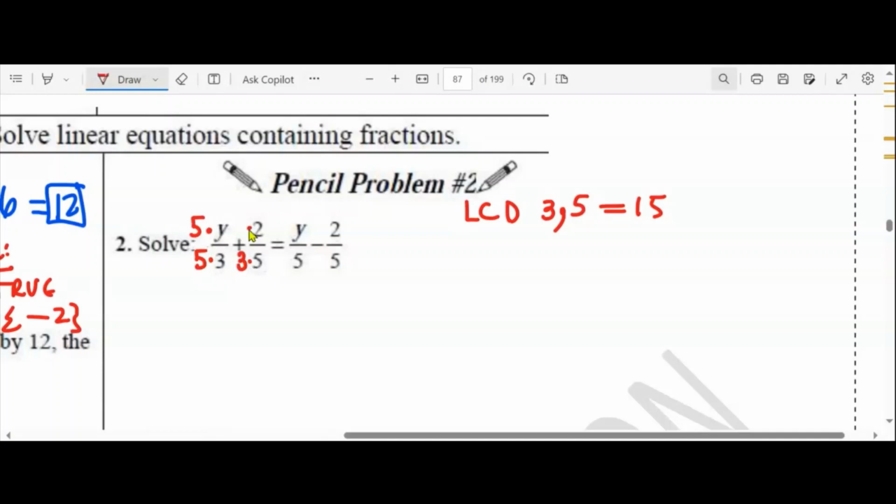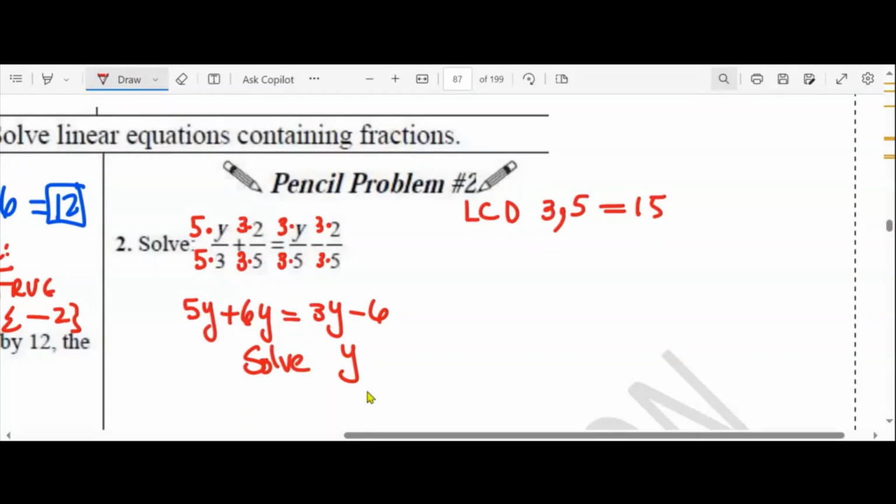Yeah. Yalla, solve it and find how much is A. Solve for A, for Y.